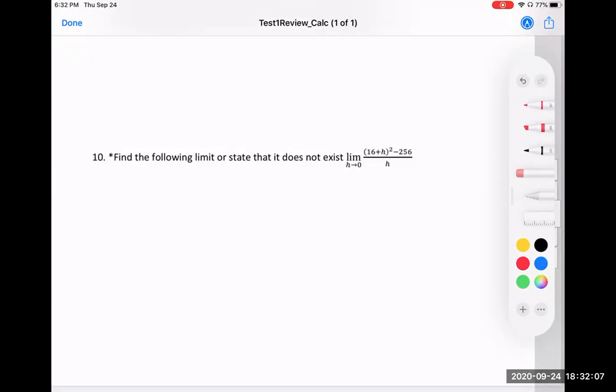So to factor, we first have to expand that parentheses of 16 plus h squared. So let's go ahead and expand that. If I multiply that out, that gives us 16 times 16 is 256. So I have 256 plus 2 times 16 times h, 32h, plus h squared.